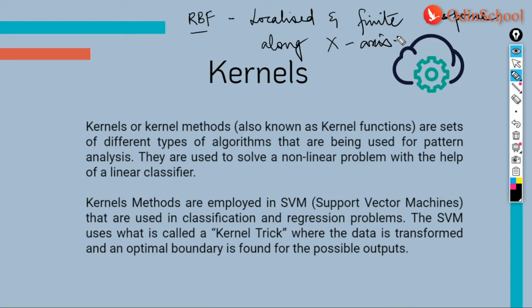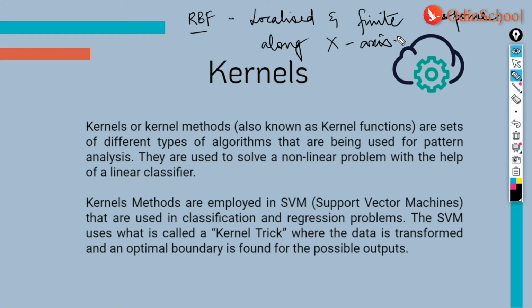Now there are also some rules that we would have to follow when you are working on kernels. That rule is more from a mathematics perspective. Now, as we know, these kernels we're talking about are used in SVM either for classification or for a regression problem as well.